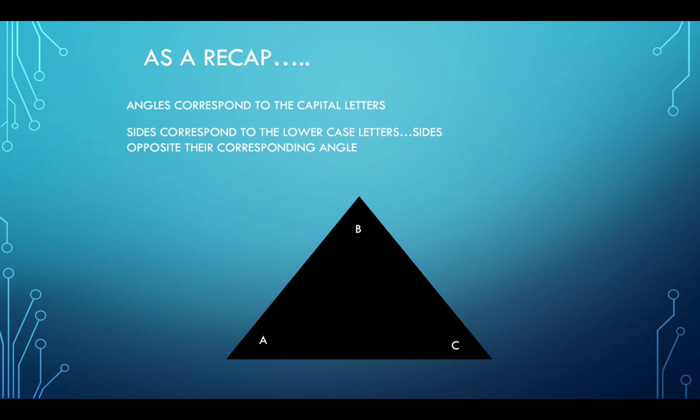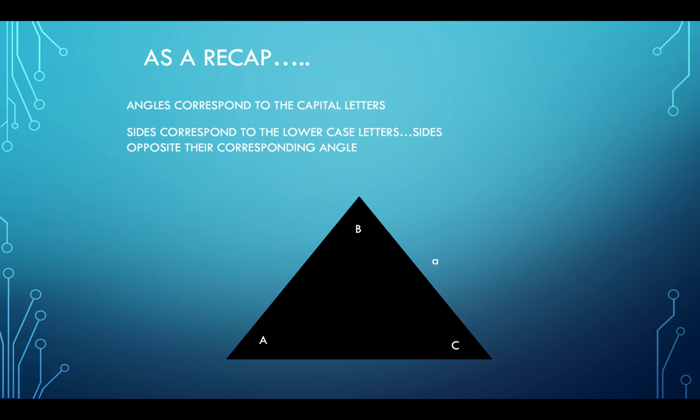Our sides are going to correspond to the lowercase letters. So angles are on the inside, sides are on the outside. Sides are opposite their corresponding angle. So let's look at this and think about it. Side A, where would side A be? If angle A is down here in the bottom left, side A is going to have to be opposite, so it's now going to be on the right-hand side of the triangle. Angles on the inside, sides on the outside.